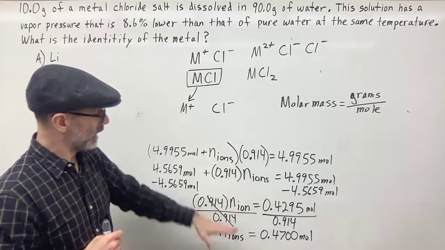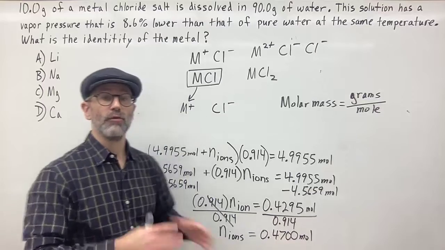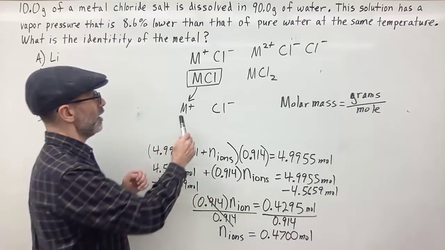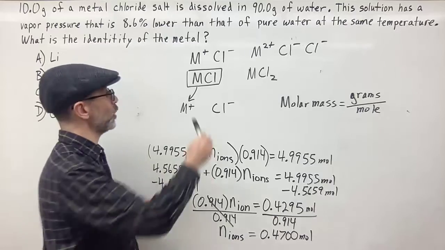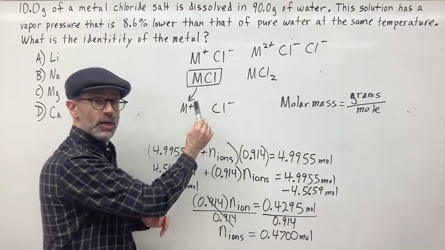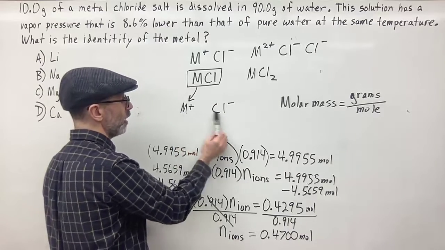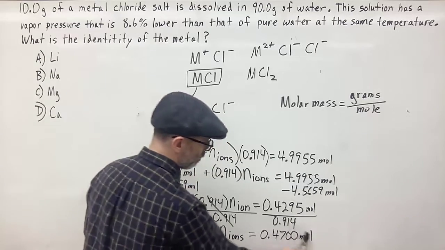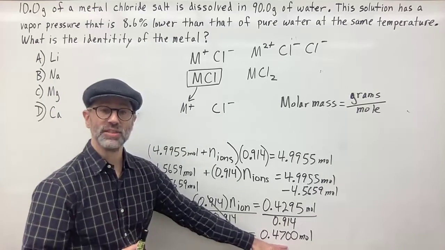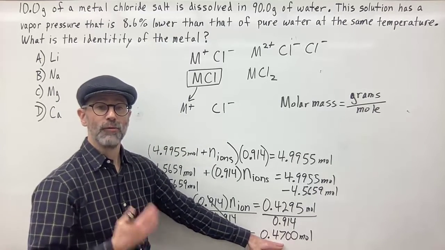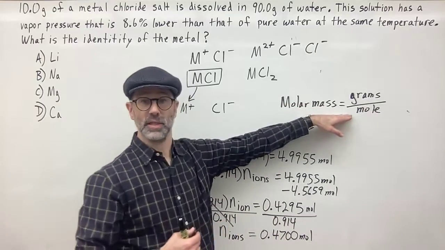What we have here is the number of moles of all of the ions. So the moles of the ions is double the moles of the original formula. So if we double the number of ions, and that's what we have here, then we can't use this number of moles for the molar mass of the substance.